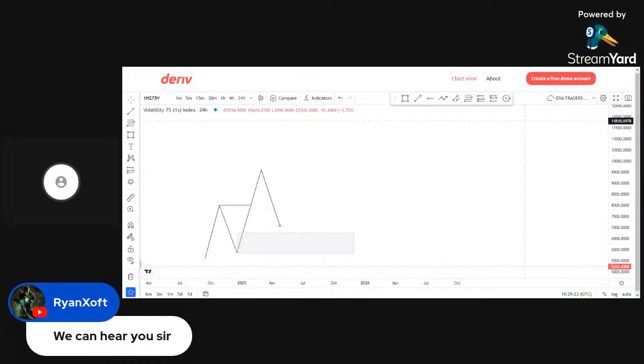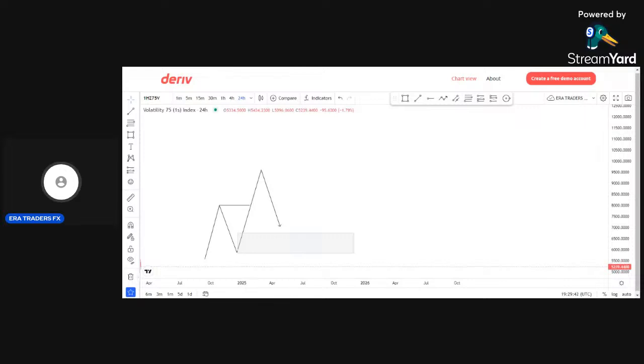And like we said, order blocks are not different from demand and supply. The difference between order blocks and demand and supply is the candles.